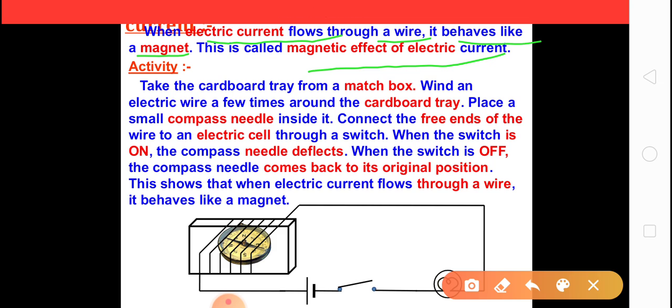Okay, this is also due to the magnetic effect of electric current. Now to prove this, we will perform an activity. When school reopens, here I am just discussing the activity with you.